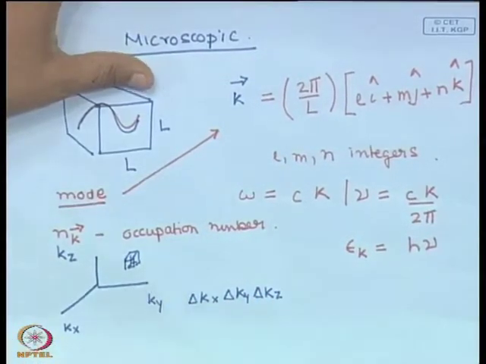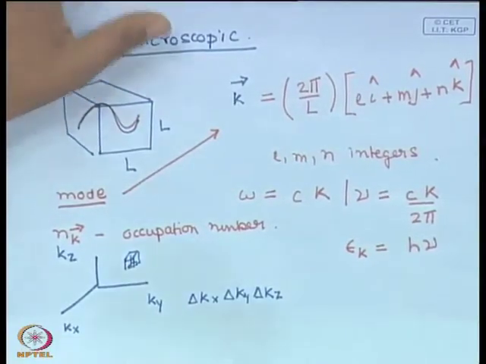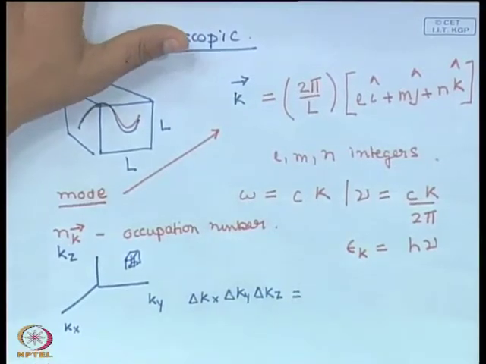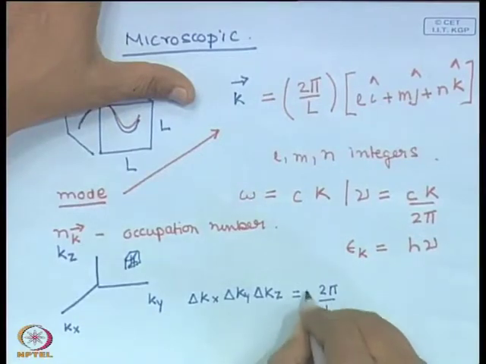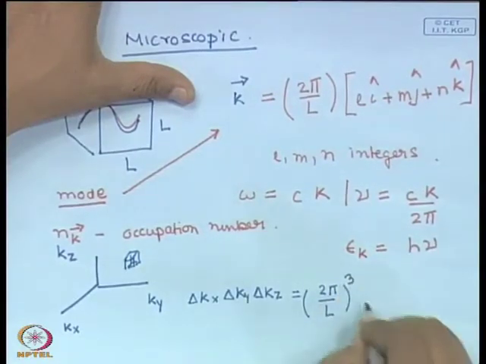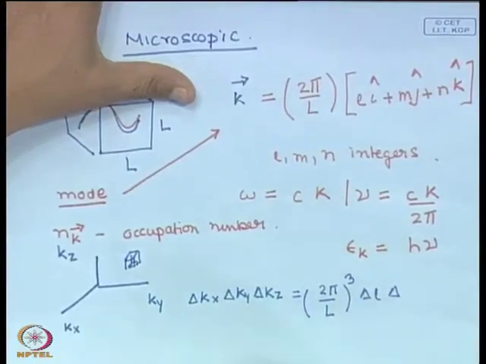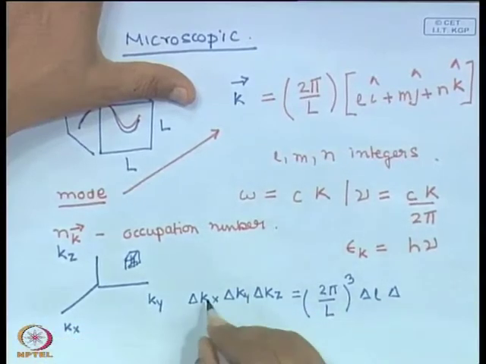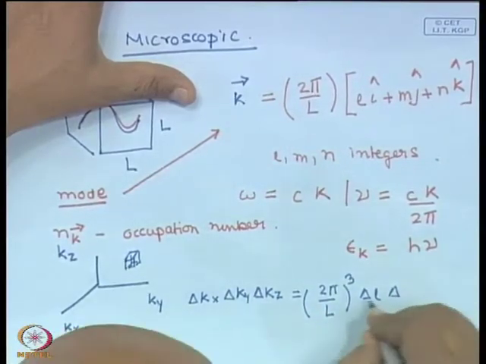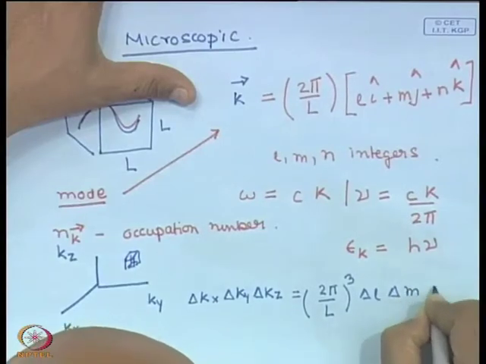In this volume element, how many modes do we have? And it is quite clear that this will be equal to, other way around actually, we want the number. So, we have this relation that delta kx, delta ky, delta kz will be 2 pi by L cube into delta l into delta m into delta n, right.